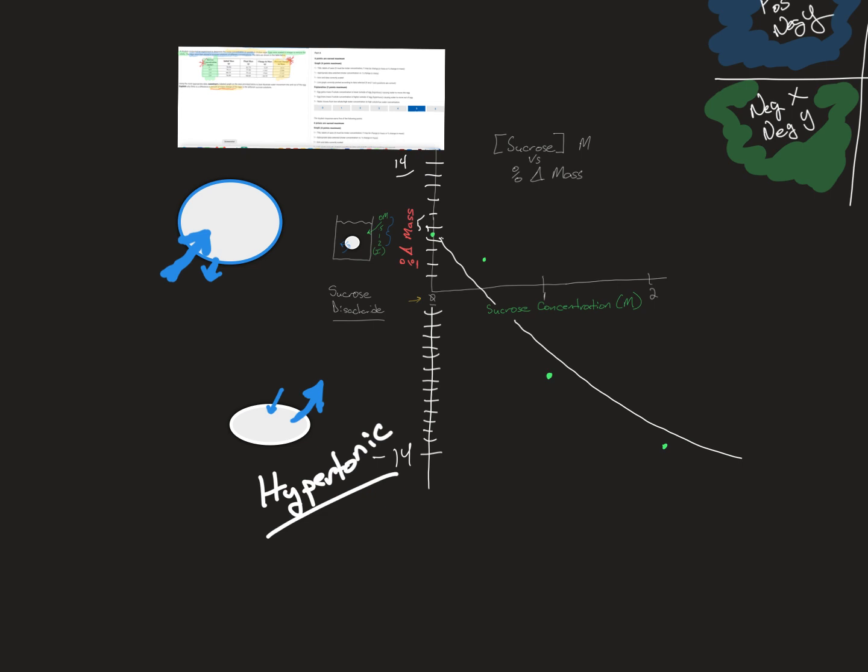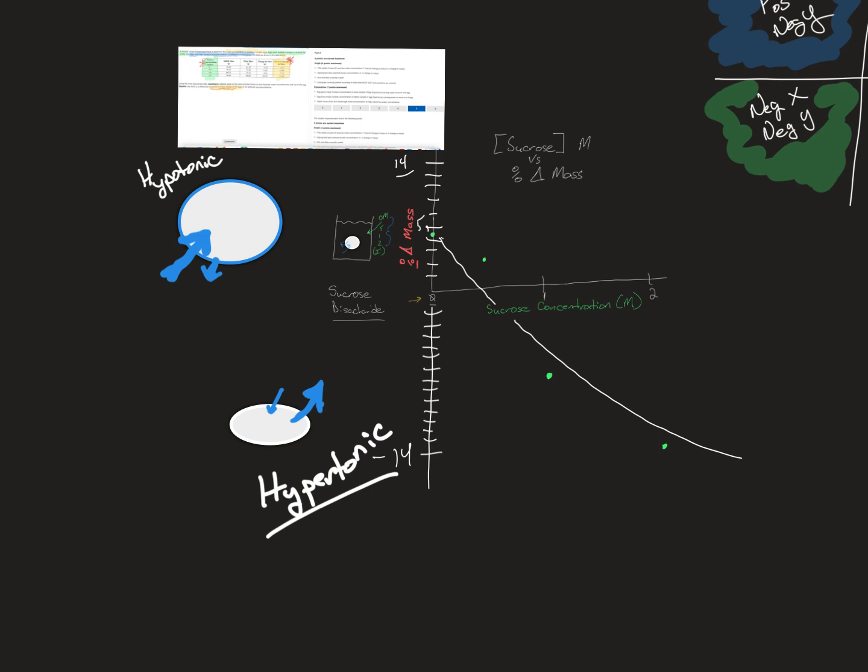When it was in a hypotonic solution, the percent change was positive. And then here, when there was no change, right, at 0, there was no change, that's where it was isotonic.